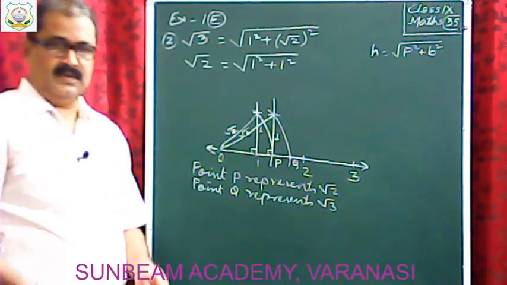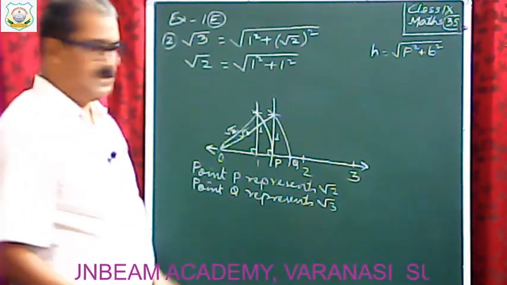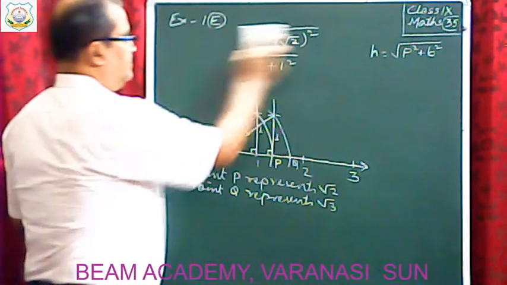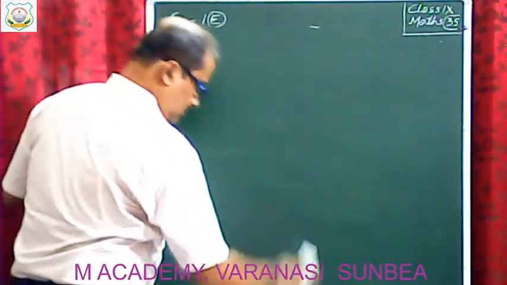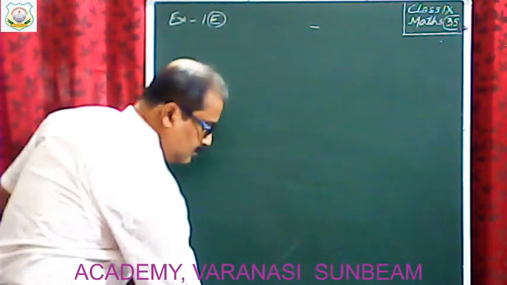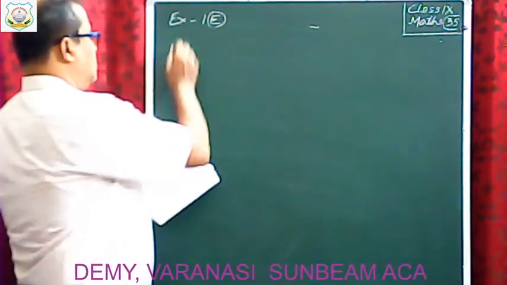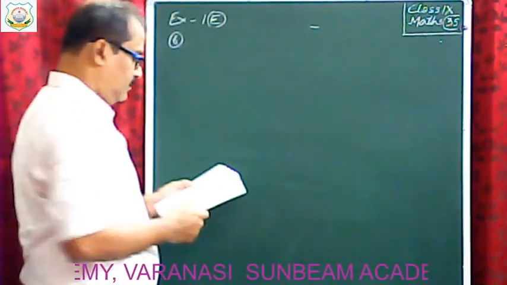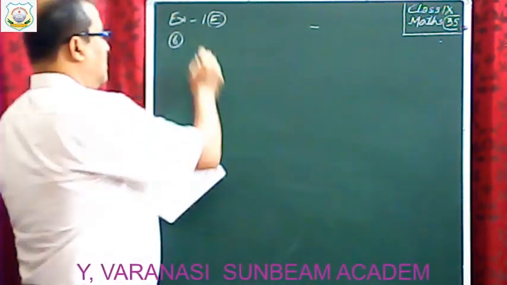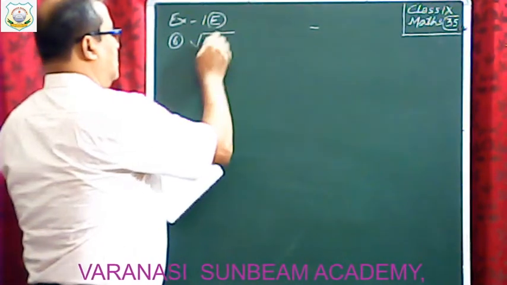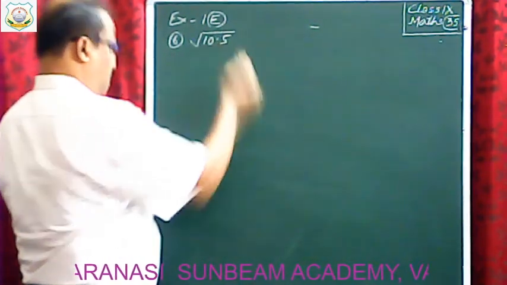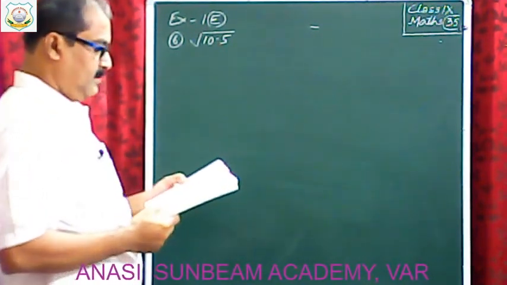One more type is there in this exercise. Okay, let's see. Question number 6: represent square root 10.5 on the number line.